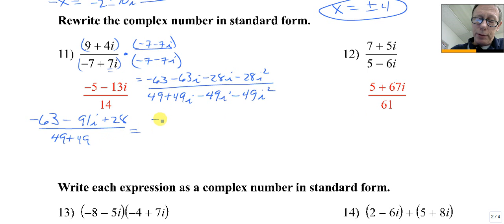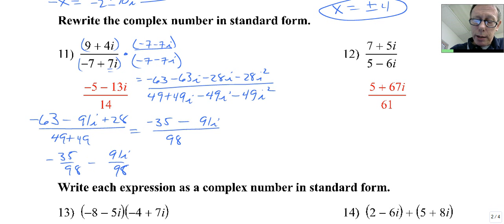So I have negative 63 plus 28. That's a negative 35 minus 91i all over 98. So breaking that up, I get a negative 35 all over 98 minus 91i all over 98.